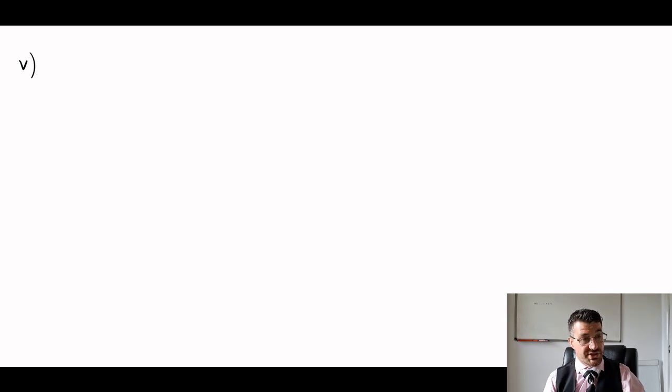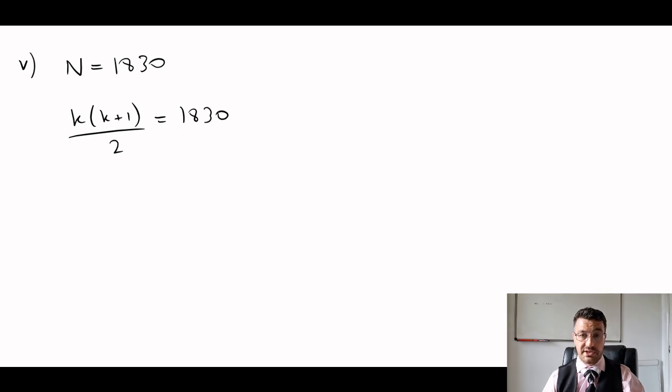So that means that at this point, n is going to be equal to 1,830. So we effectively need to solve the equation, if I'm not mistaken, k times k plus 1 over 2 is equal to 1,830.